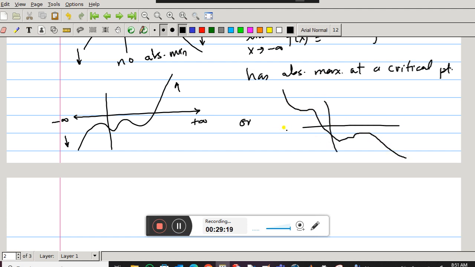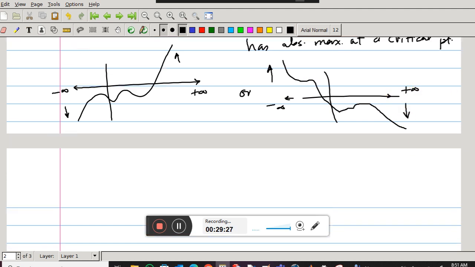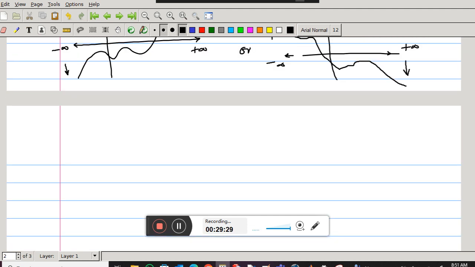On the left side it goes to infinity and on the right side it goes to minus infinity. So one of them is plus infinity, and the other one is negative infinity, right? We are not concerned about where it is plus. One is up, one is down. So no maxima minima, right?